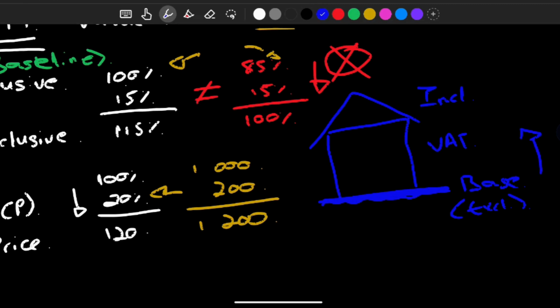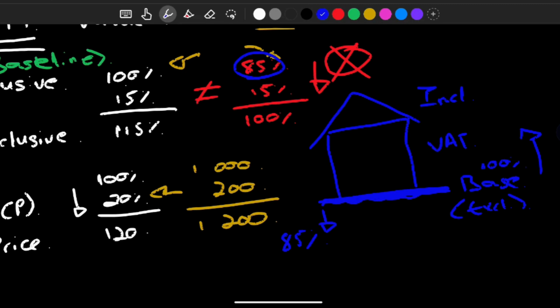Now, in the example whereby you're saying 85% is your baseline, you see now, if your base is 100% and you're now saying that you're building from 85%, you're now building underground. That is not impossible, right? Let's not think of bunkers, let's think normal house.